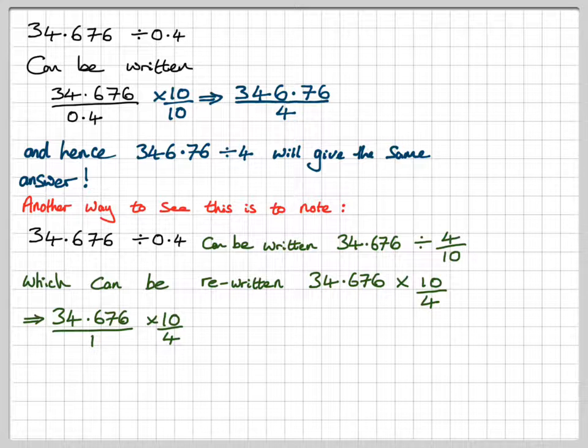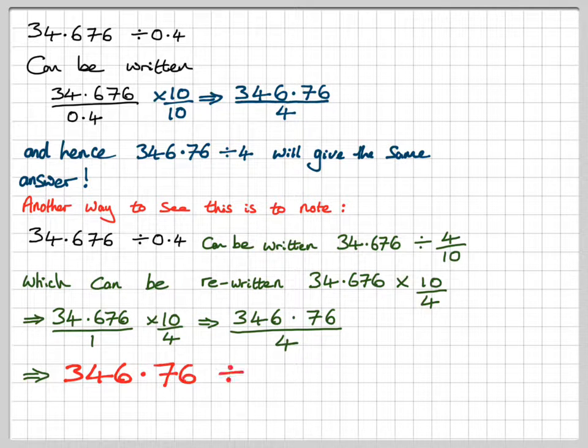We now multiply the numerators together to give us 346.76 and the denominators. 1 times 4 is 4. And again, we should recognise that that simply means a division, and so we have 346.76 divided by 4. And so this will again give us the same answer as the original problem.